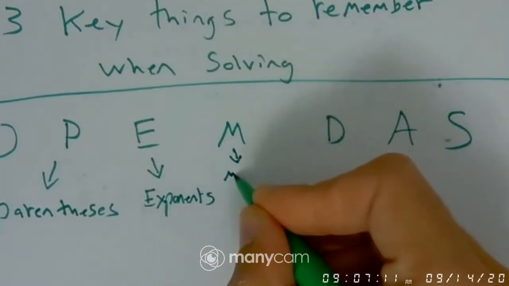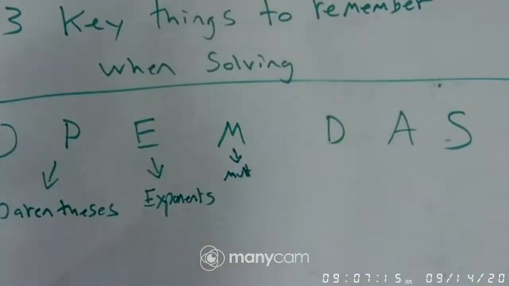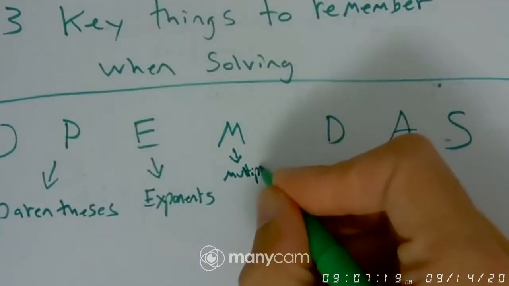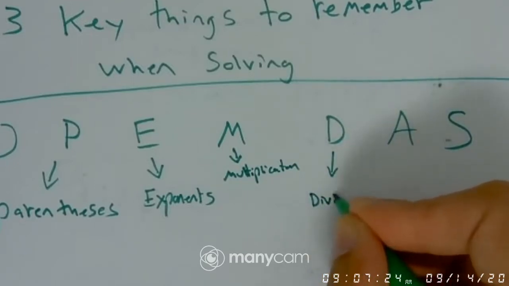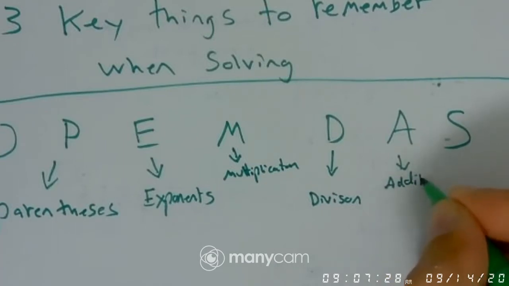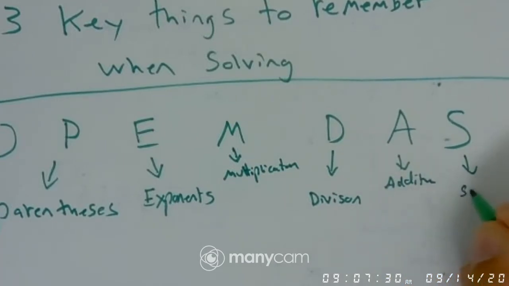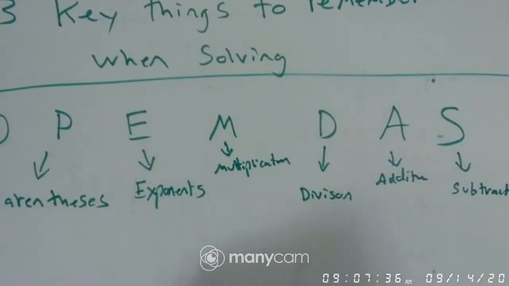M is for multiplication. D is for division. A is for addition. And S is for subtraction. Okay, so make sure you remember this is order of operations.